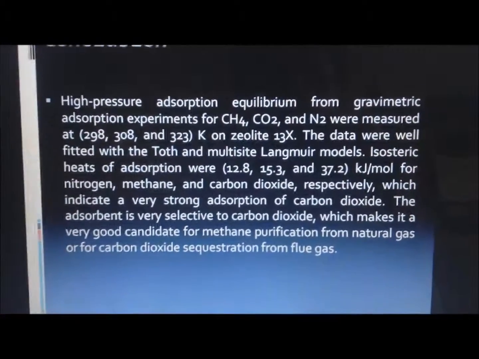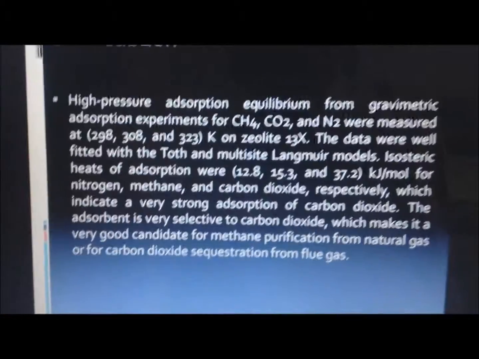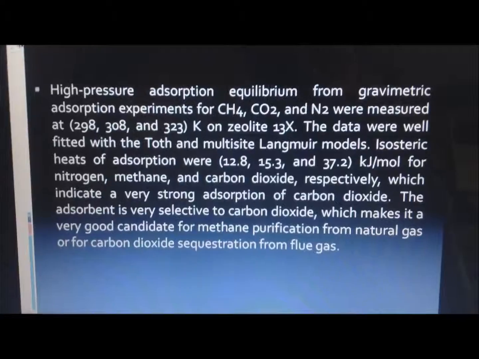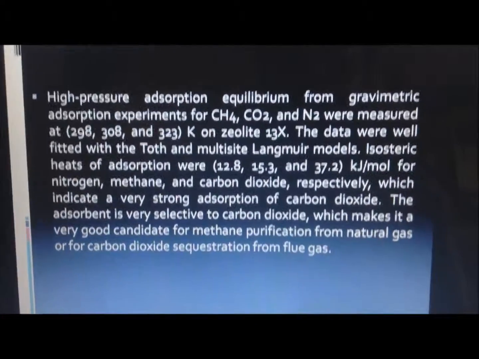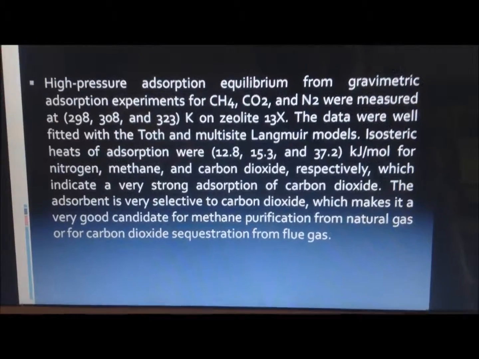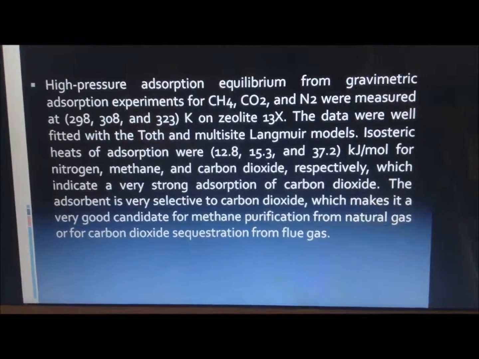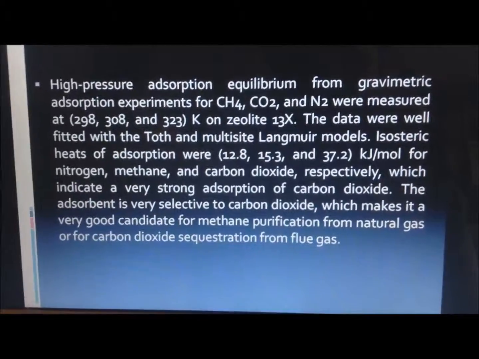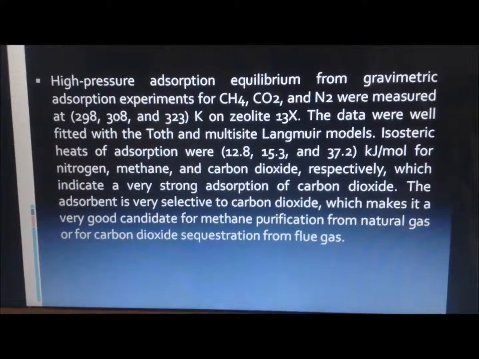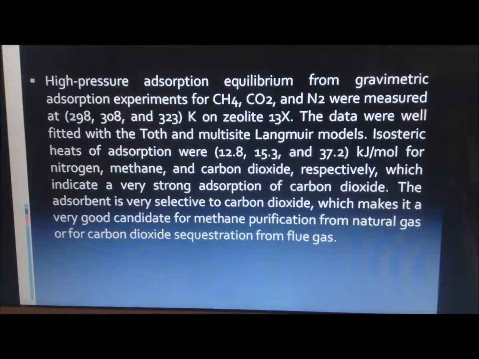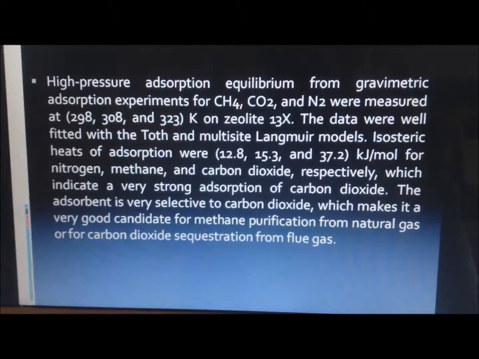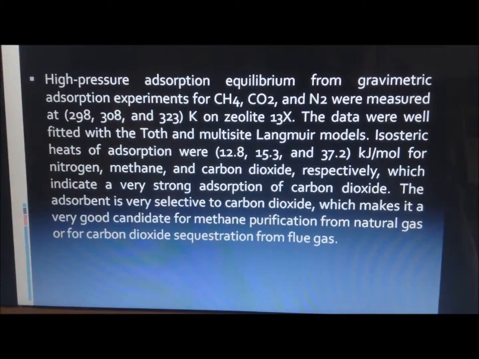Isosteric heats of adsorption were 12.8, 15.3, and 37.2 kilojoules per mole for nitrogen, methane, and carbon dioxide respectively, which indicate a very strong adsorption of carbon dioxide. The adsorbent is very selective to carbon dioxide, which makes it a very good candidate for methane purification from natural gas or for carbon dioxide sequestration from flue gas.